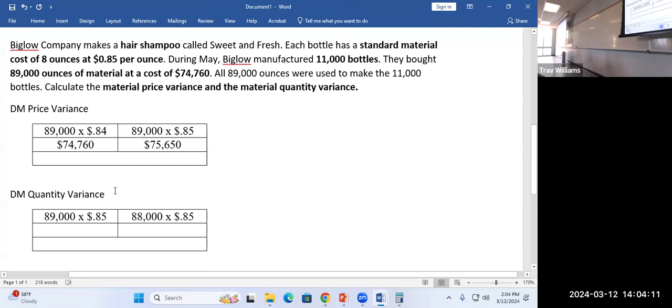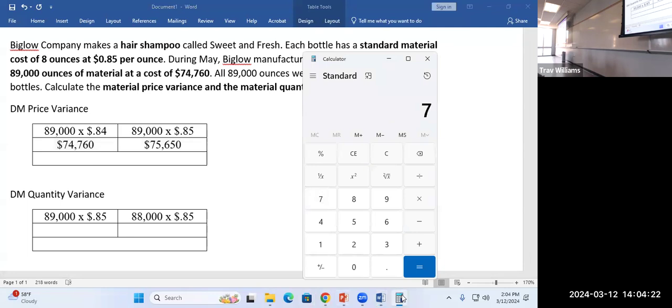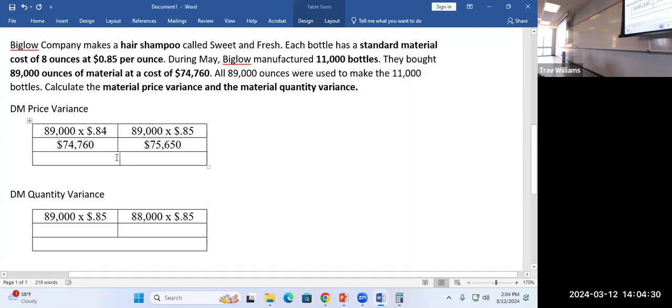So now what you do, the last step, is you take the left side, subtract the right side. 74,760 minus 75,650, we get negative 890. What did I say about negative numbers for this chapter?